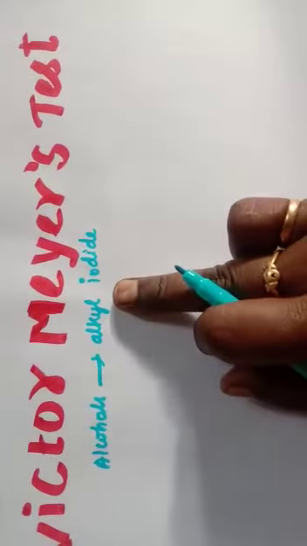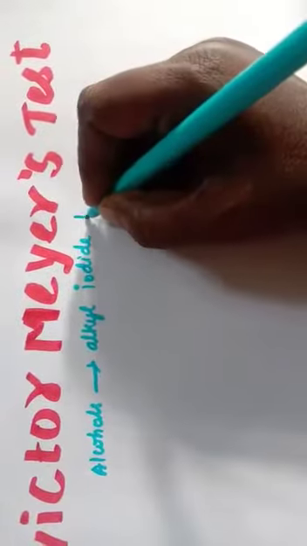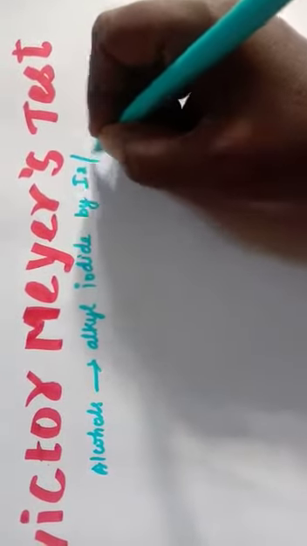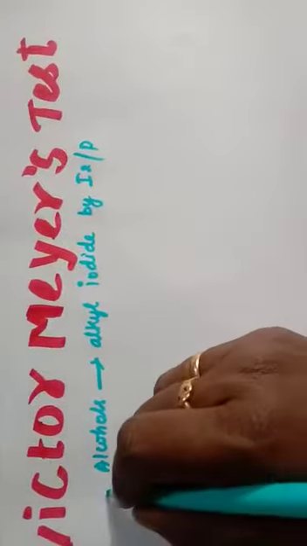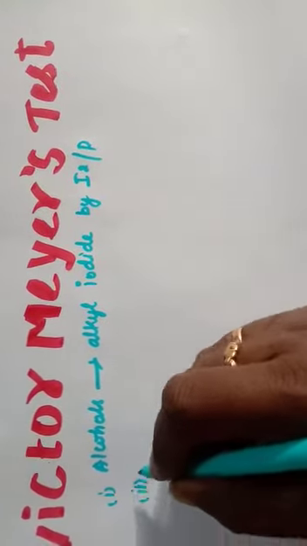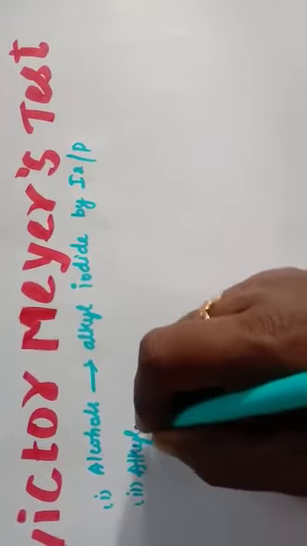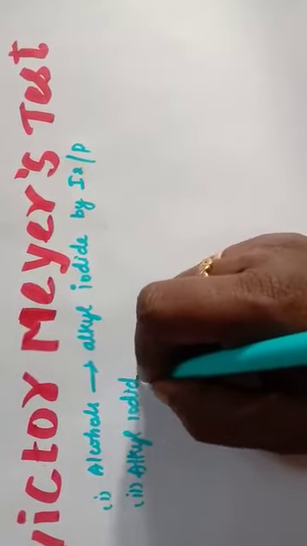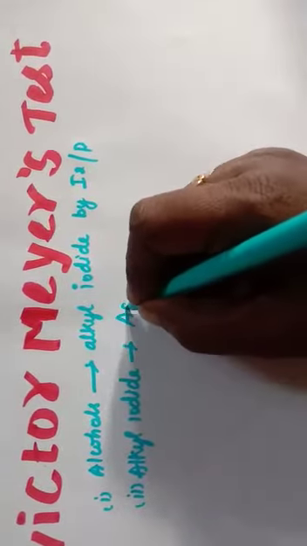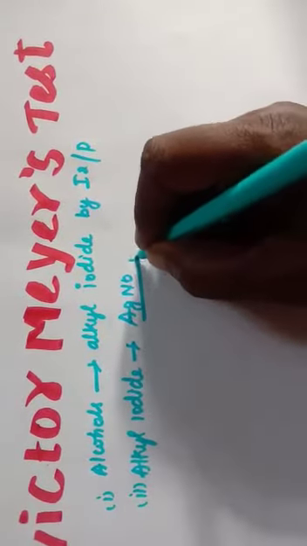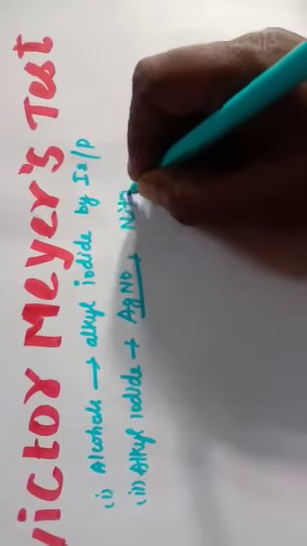Alcohols are converted into alkyl iodide by iodine. The second step is that this alkyl iodide reacts with AgNO2 and forms nitroalkane.